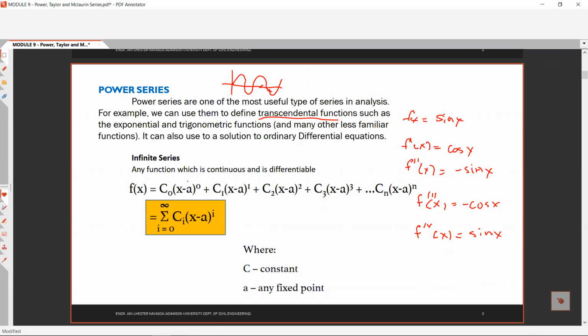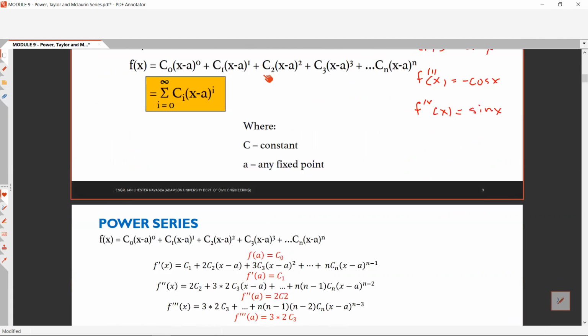Let's say this one, c sub 0 (x minus a) raised to 0 plus c sub 1 (x minus a) raised to 1, or just simply summation of c sub i (x minus a) raised to i from i equals 0 to infinity. Okay, so that is the purpose of the power series, to transform or to define any transcendental functions to simply a polynomial functions.